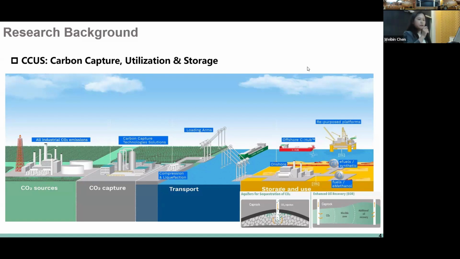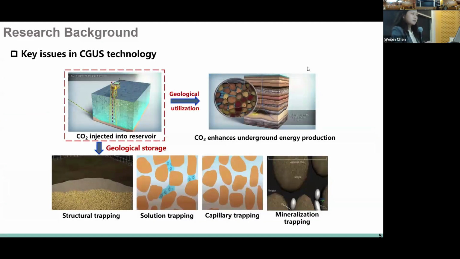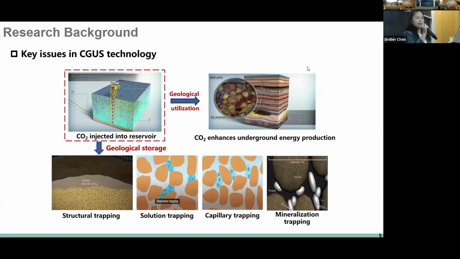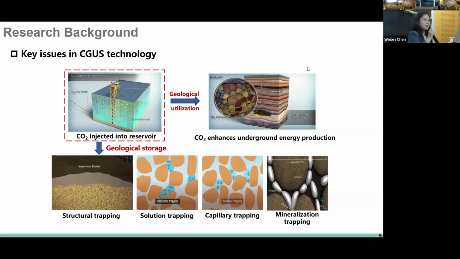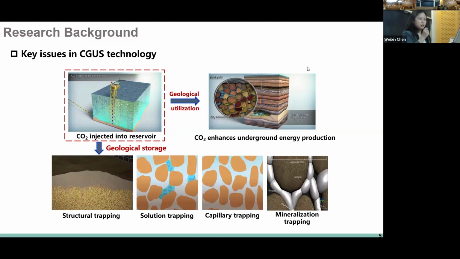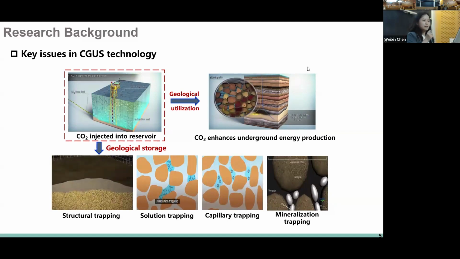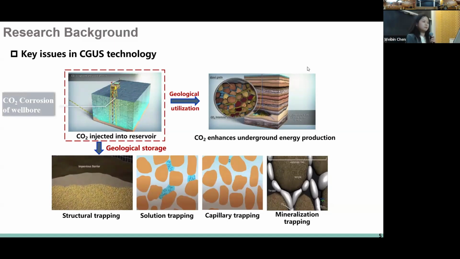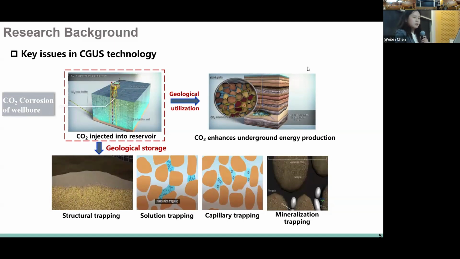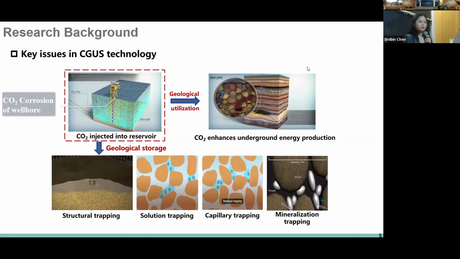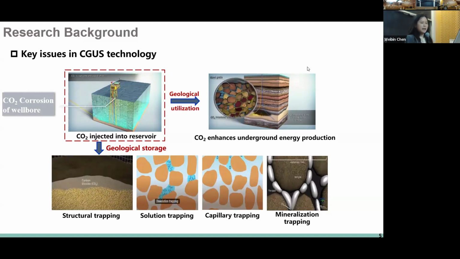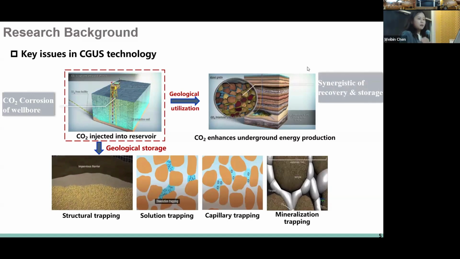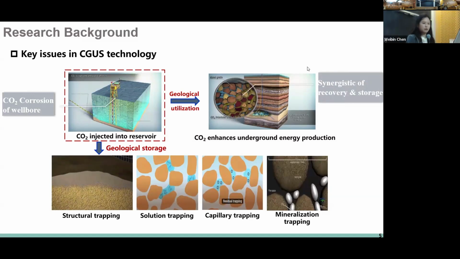Our research mostly focuses on the underground, so in more detail it is CGUS, geological utilization. From this process of CGUS, we can find some key issues. First, CO2 will be injected into a reservoir, so the first issue is the CO2 corrosion of the wellbore. CO2 is injected underground to enhance underground energy recovery, so how about the balance between recovery and storage?